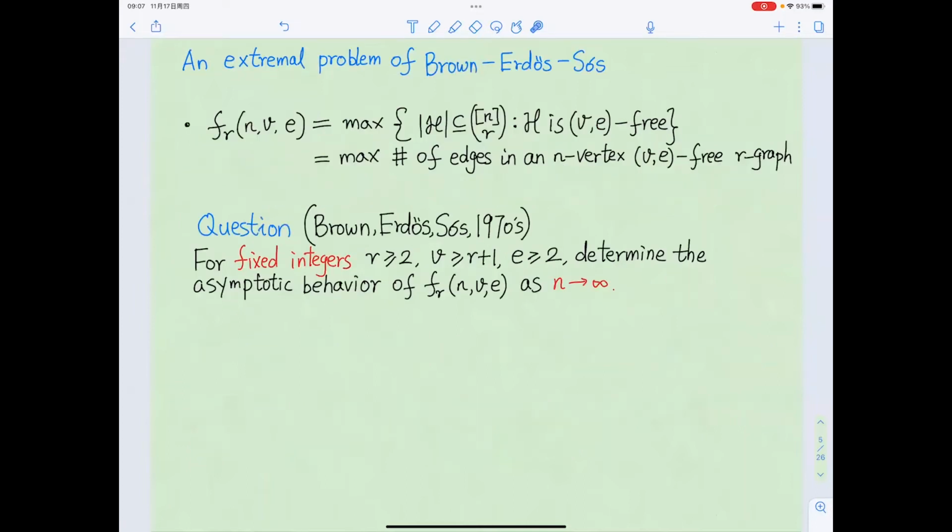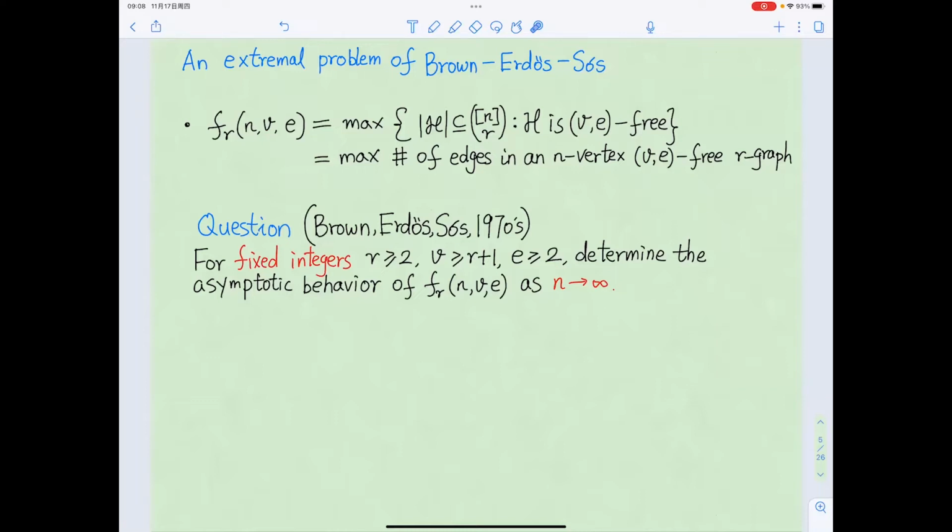Brown, Erdős and Sós introduced the following extremal problem. We use the function F_r(n,v,e) to denote the maximum number of edges in an n-vertex (v,e)-free r-graph. That is, given v, e, r and n, you can construct an r-graph with this number of edges that is (v,e)-free.